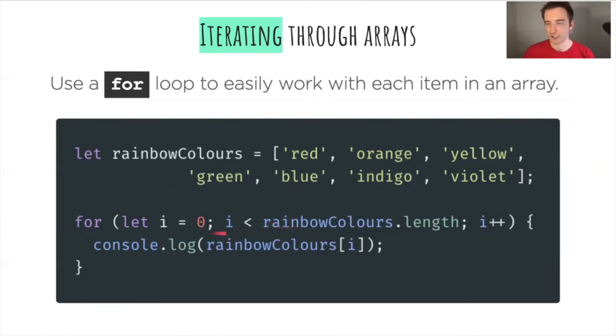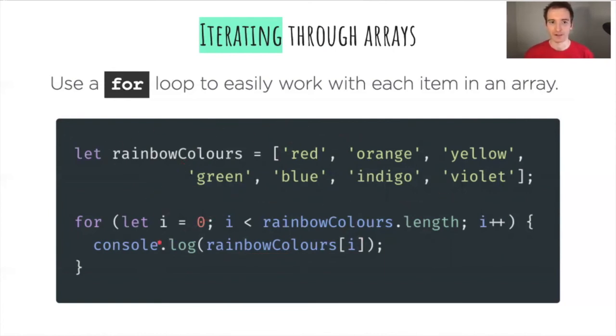And in the condition of this for loop, we're checking if this variable that we just created, i, is less than the length of this array. And then if that's true, we're going to run some code. In this case, just logging out what is at the position i of this rainbow colored array.